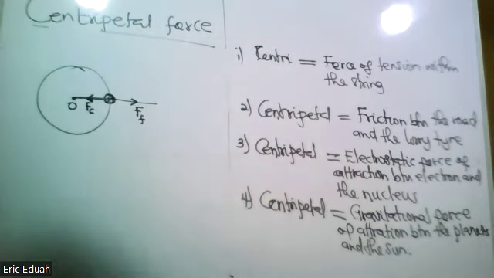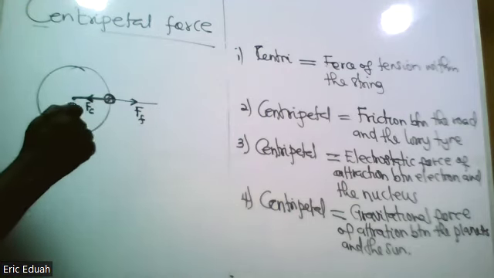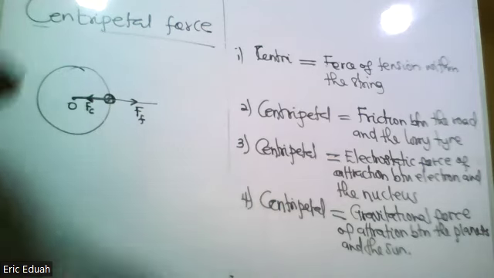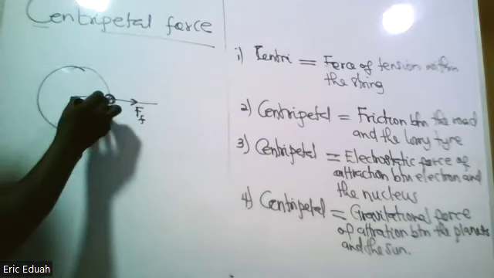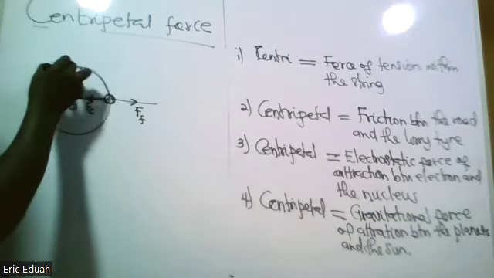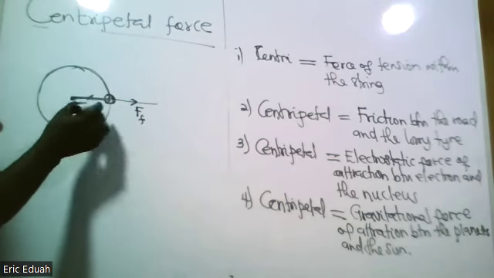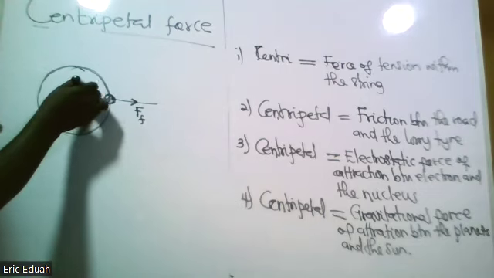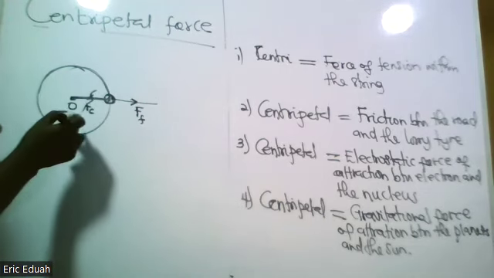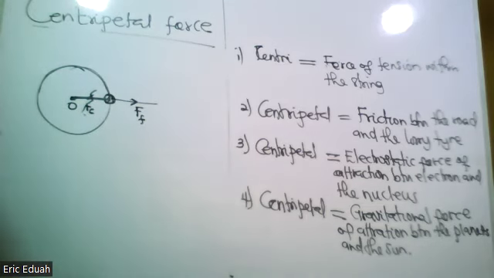But investigation has shown that if an object is tied to a string and is being whirled, the object stays within the circular path. But the moment you cut the string which supports the body, the centripetal force is also cut. It's not there.